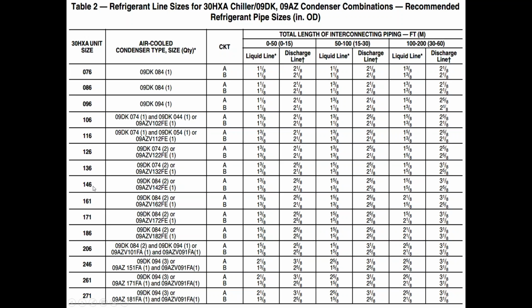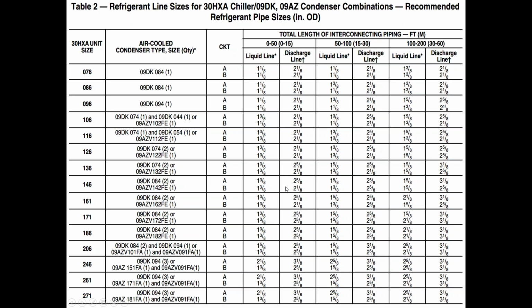We come across, there's our A circuit and our B circuit. Here are our pipe sizes, and here are our distances. So 0 to 50 feet right here. Come to my A and B. My liquid line should be 1 3/8, 2 5/8 on the A circuit, and 2 1/8 on the B circuit.